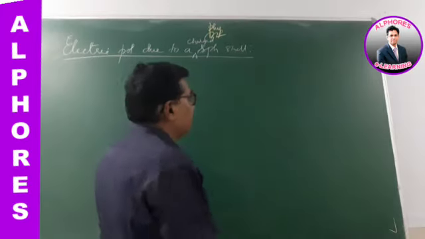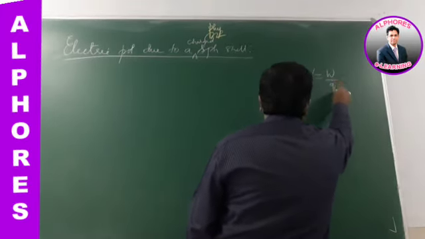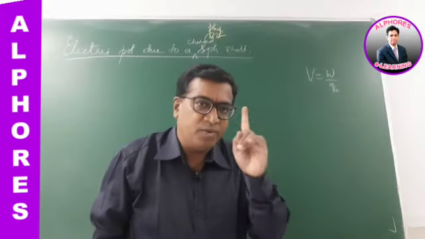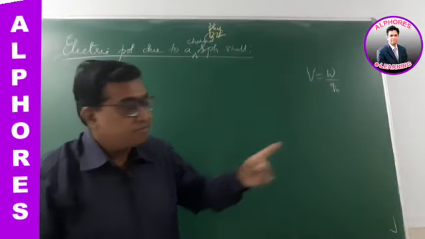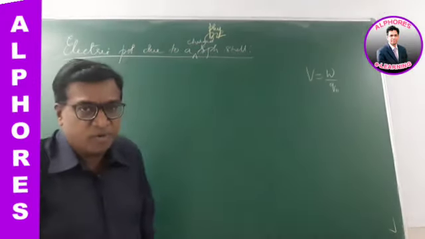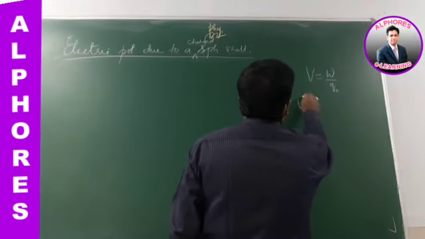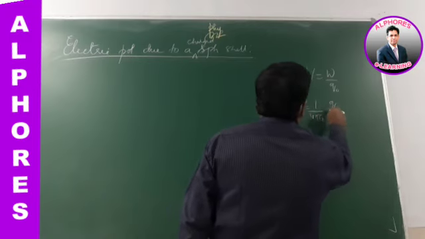By definition, electric potential was defined as the amount of work done per unit test charge: the work done in moving a unit positive test charge from infinity to the point in the field. Work done per unit charge, joule per coulomb, is the volt. Later we deduced the formula for the potential due to a point charge: 1 by 4 pi epsilon naught, q by r.